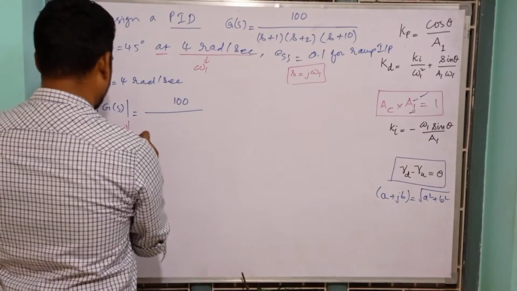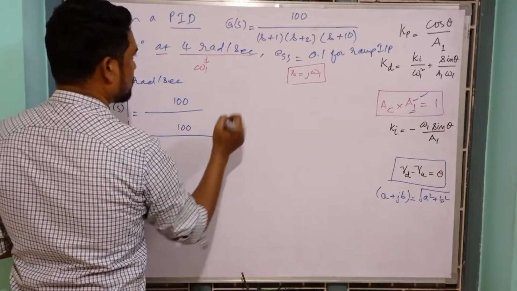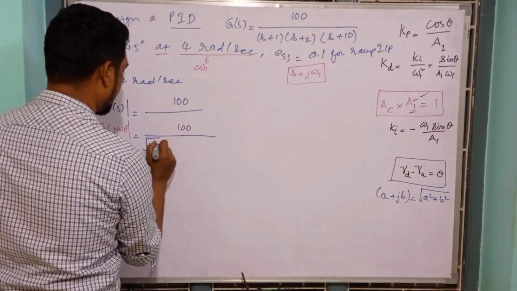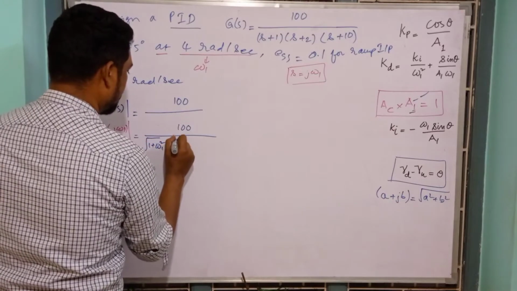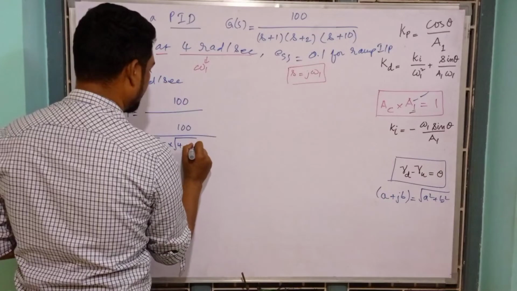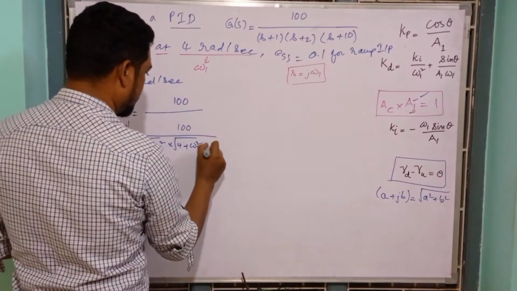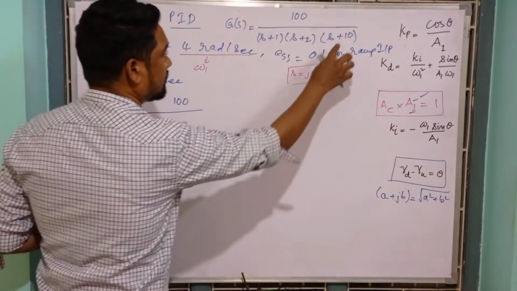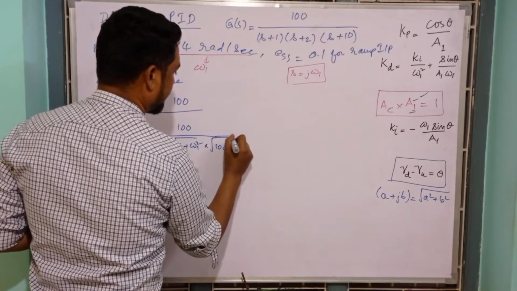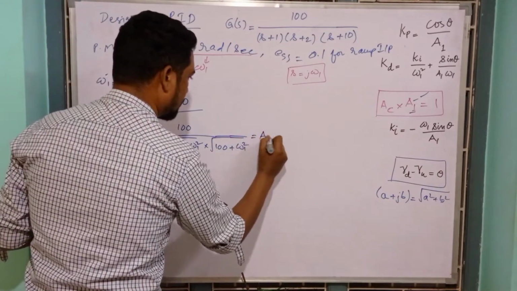So with s equal to j omega 1, 100 as it is in the numerator, so that gives us under root 1 plus omega 1 square into under root 4 plus omega 1 square. Now this one will be a plus jb, right? So into under root 100 plus omega 1 square, right? So guys, this is the equation which gives us A1.